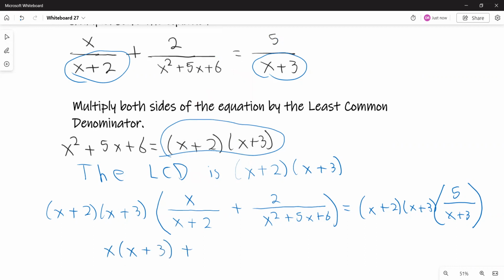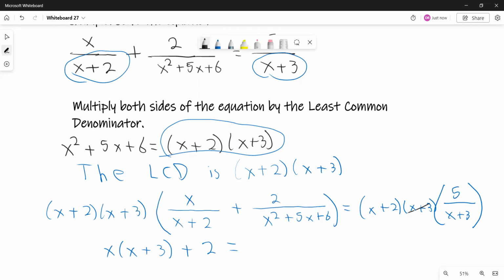Plus x plus 2 times x plus 3 times 2 divided by x squared plus 5x plus 6. The least common denominator and the denominator of the second expression are the same, so that's going to be plus 2. And then x plus 2 times x plus 3 times 5 over x plus 3.